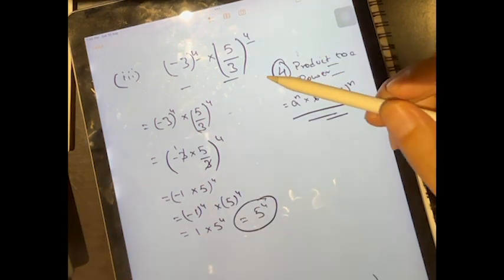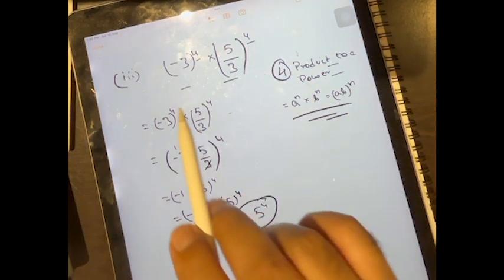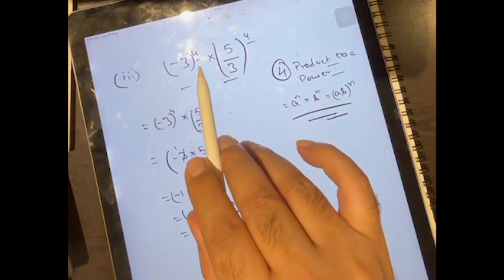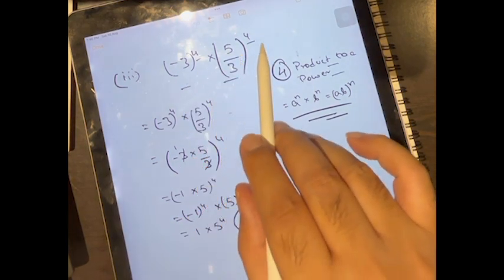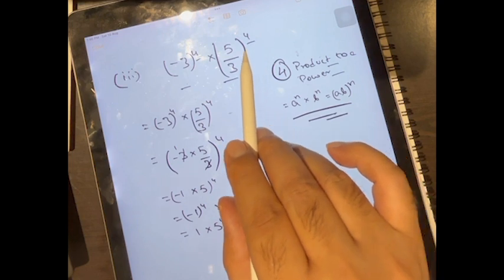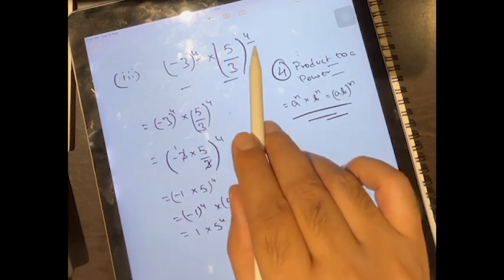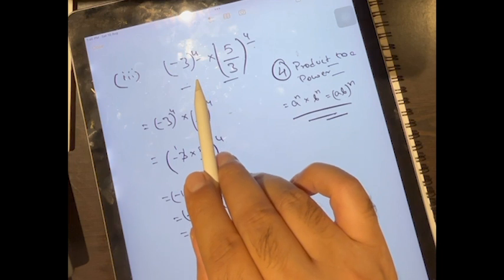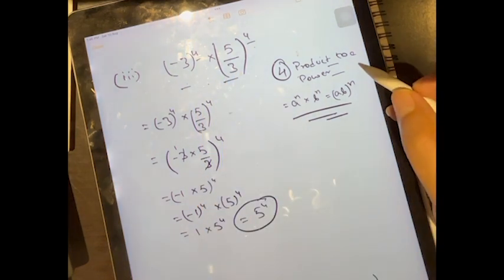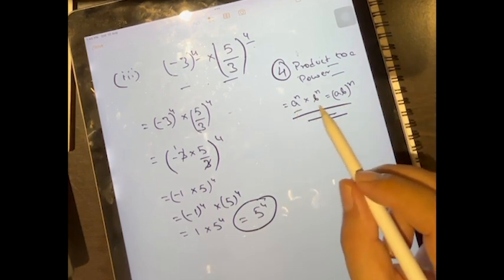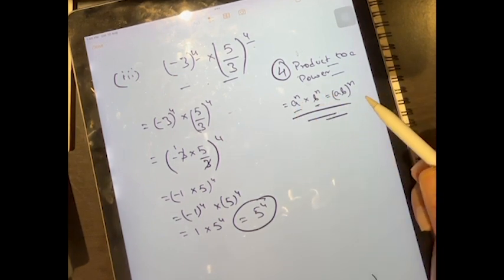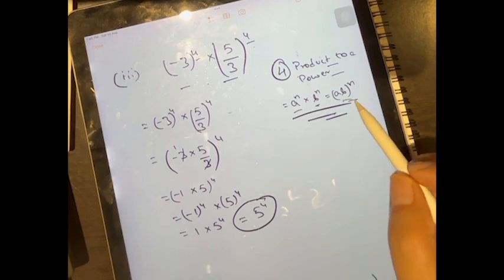So very quickly, let's see what we have done in this particular question. Our question was minus 3 raised to the power of 4 multiplied by 5 by 3 raised to the power of 4. We had common exponents, but the bases were different, and hence we applied this law number 4, which says product to a power, and this is the expression where you have two different bases but common exponents, and you do this kind of a treatment.